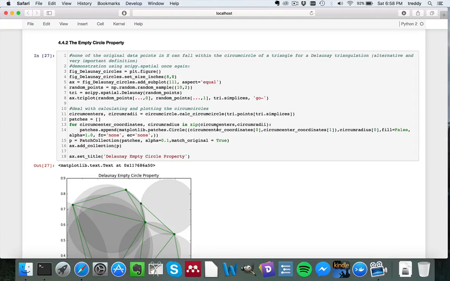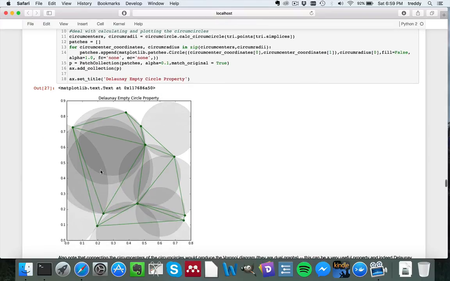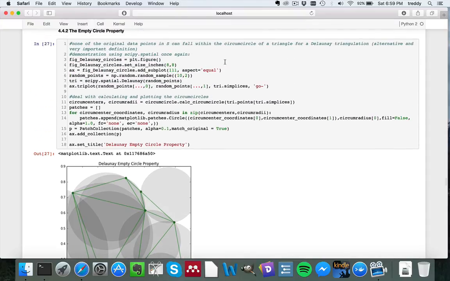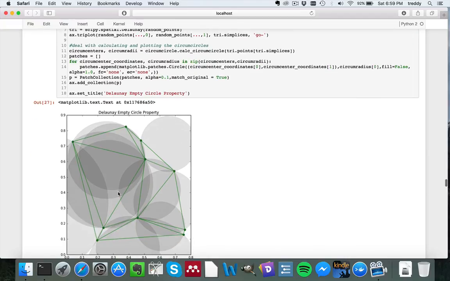And it's also an alternative definition, so if you find this concept of fat triangles a little bit confusing, you could also fall back on this definition, which is just as valuable, if not more valuable, than the first definition I've presented. It basically goes as follows. None of the original data points, which in the plot here are shown in green, fall within the circumcircles of any of the triangles of the Delaunay triangulation. So we can see all the triangles here.